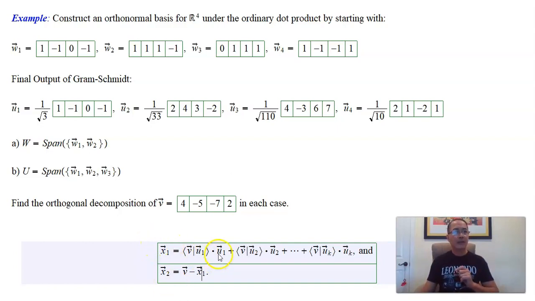All right. The formula said just use as your coefficients the inner product, which in this case is the dot product of the first two vectors in our output set. Those will be the coefficients for these two vectors that will make up our x1.